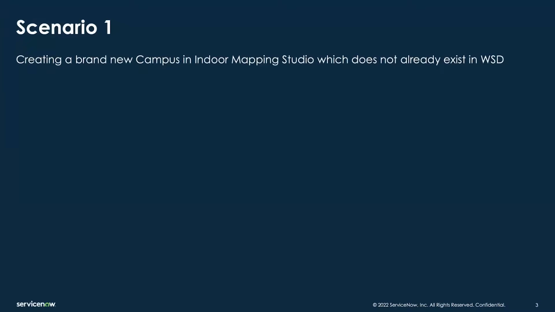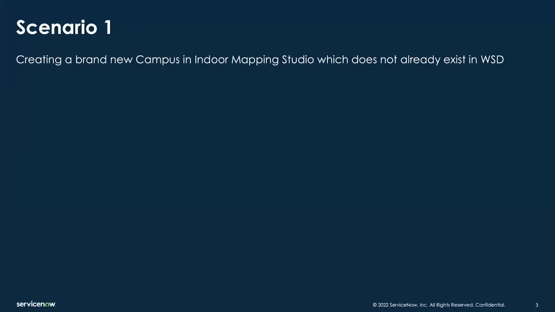A callout there is that if you are an existing WSD customer, you might have used campuses in a different sense than what WSD expects it to be. From a WSD point of view, a campus is a collection of buildings that are located in close proximity to each other. So you can have multiple buildings like an east wing and a west wing, but they should be in close proximity because they will show up as a campus.